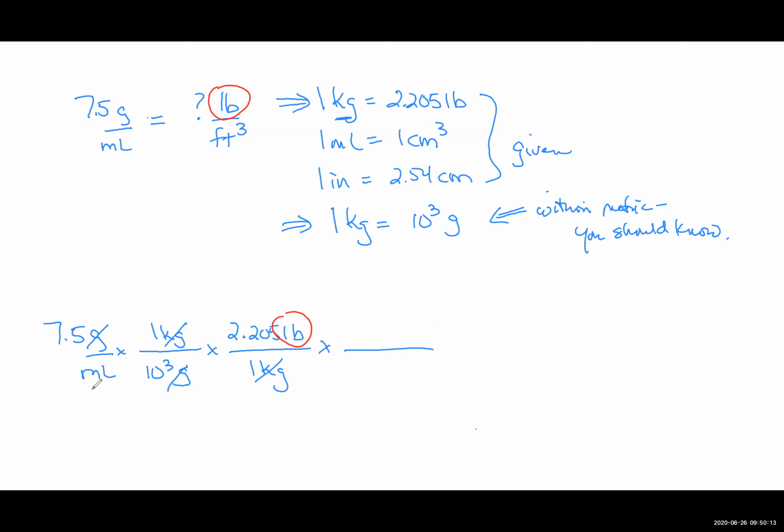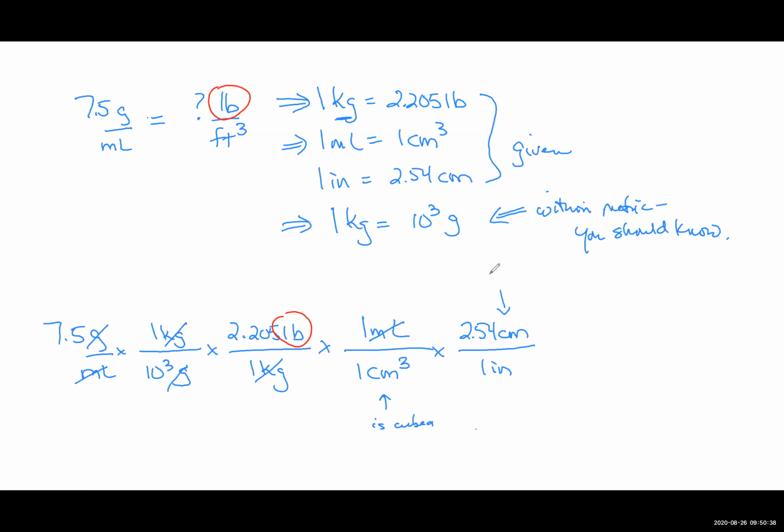Now what do I have to get rid of? I have to get rid of the milliliters. I know this: 1 milliliter is 1 cubic centimeter. Now milliliters will cancel. Now it gets trickier because remember, now I'm in cubed centimeters. So if I say that 2.54 centimeters is 1 inch, I can't just do it one time. This is cubed.